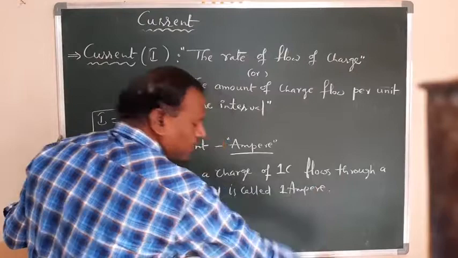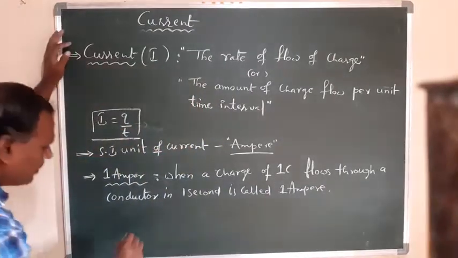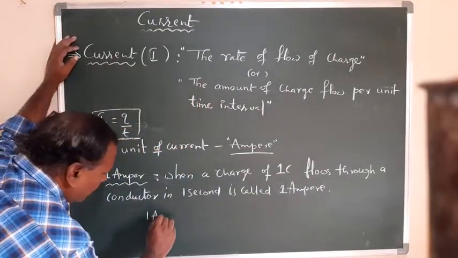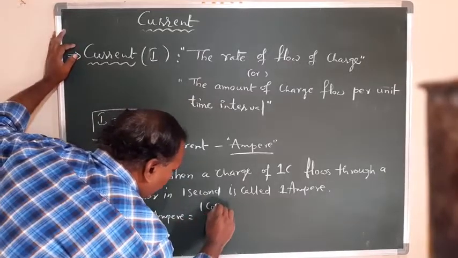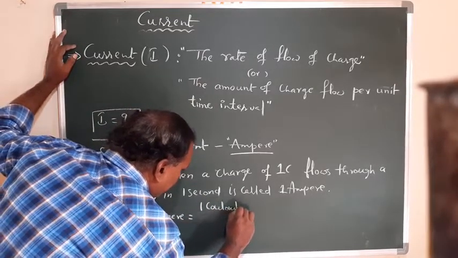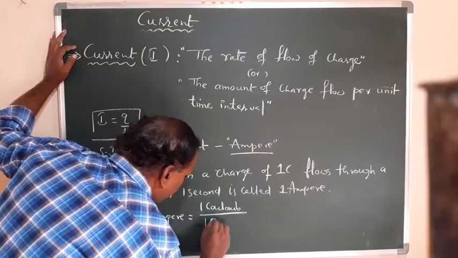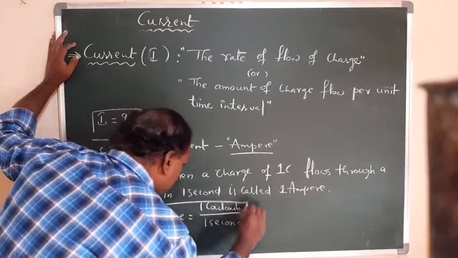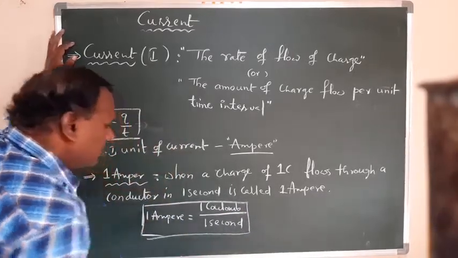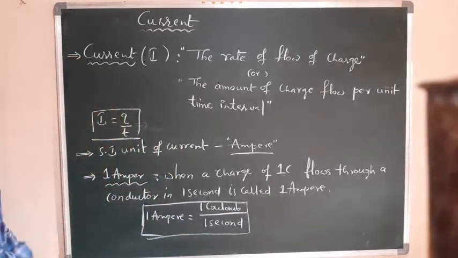So I can write 1 ampere equals 1 coulomb per 1 second. This is the equation or the statement of 1 ampere.